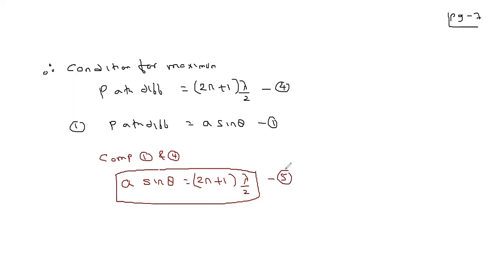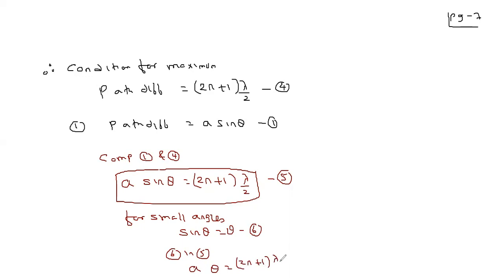Equation number 5. Again, for small angles, sin theta is equal to theta. Substitute 6 in 5. What we get is a theta equal to 2n plus 1 lambda by 2. So in general, theta is equal to 2n plus 1 lambda by 2a.